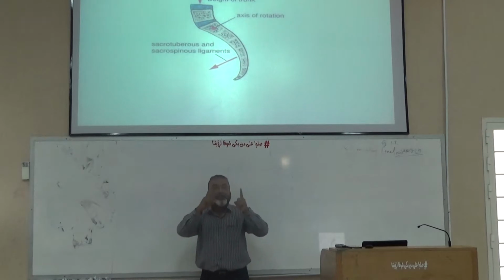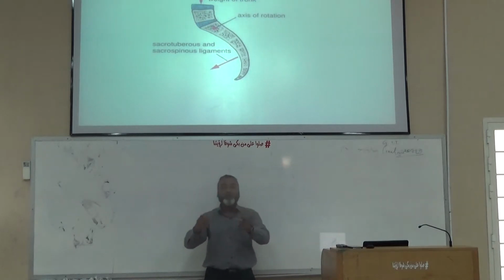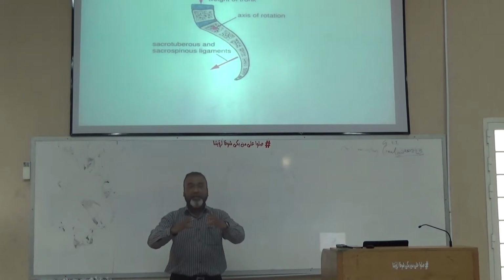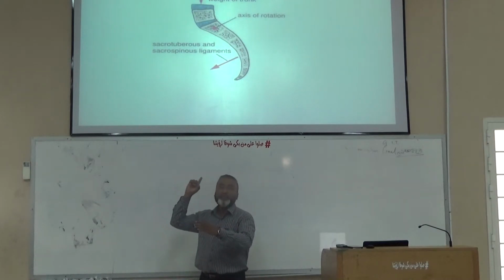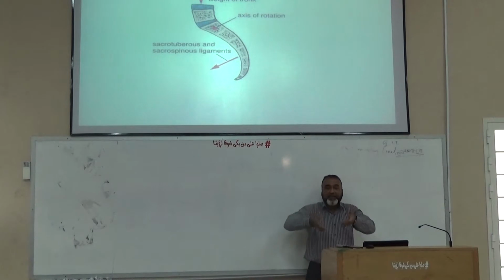The lower margin of the sacrotuberous ligament also becomes tight during the delivery of the baby to maintain the pelvic outlet. Otherwise, if it is lax or loose, it will narrow the pelvic outlet. So this ligament mainly holds the sacrum in this position.